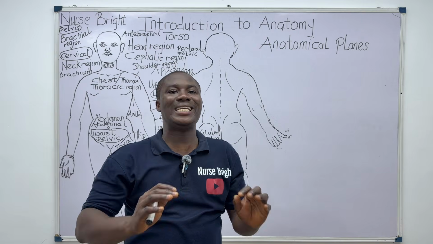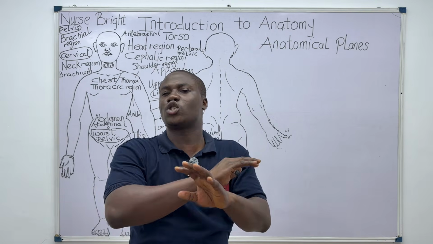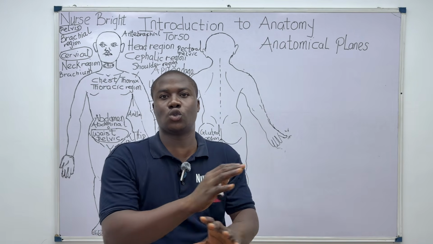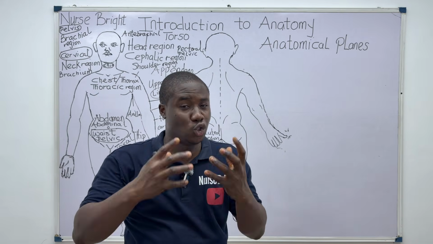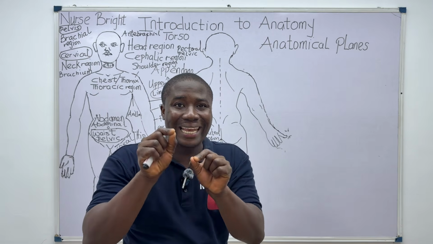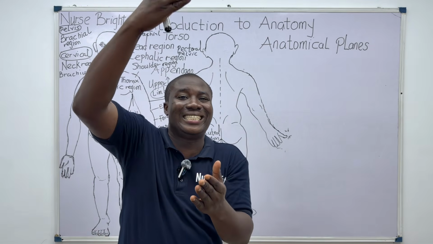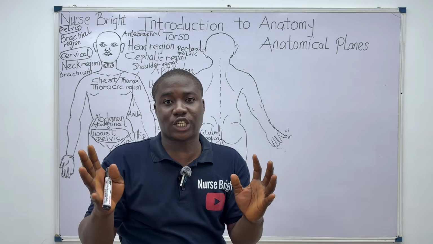The human body is three-dimensional and it consists of numerous organs, numerous muscles, blood vessels, nerves, bones, and so on and so forth. Numerous. And anatomical planes are imaginary lines or flat surfaces that divide the body into different sections.